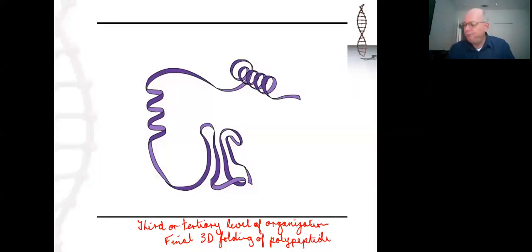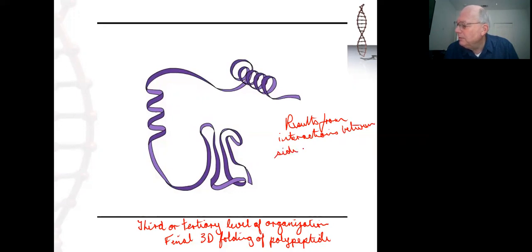And there, so it results from interactions between side groups of the amino acids. And so there could be hydrophobic interactions.